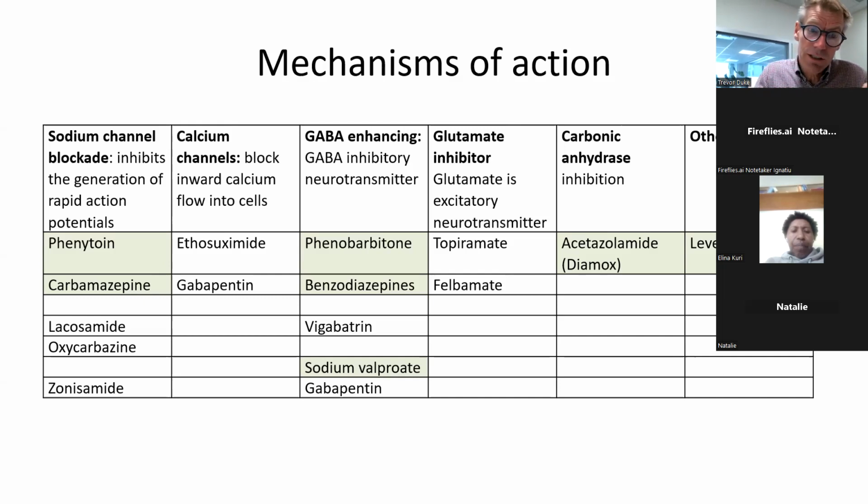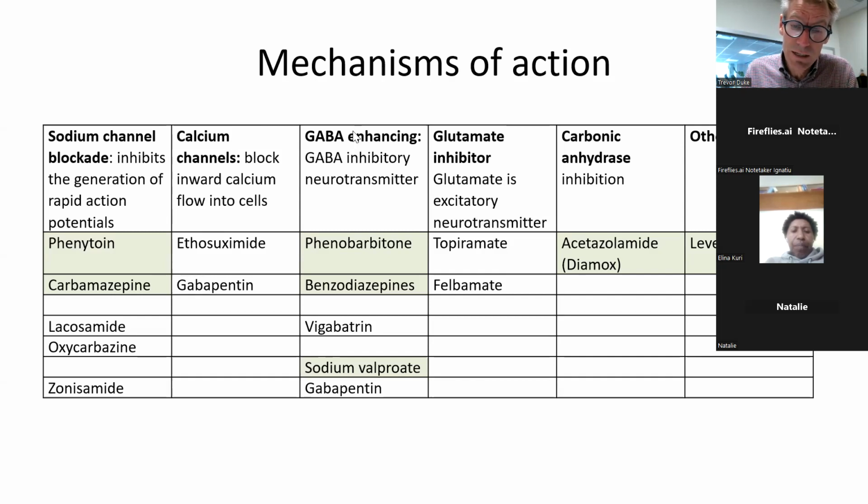As you know, the generation of action potentials along nerves depends on the influx of sodium into cells, and it also depends on the influx of calcium into cells. And there are some medications that work primarily on the sodium channels of nerves, some that work on the calcium channels.